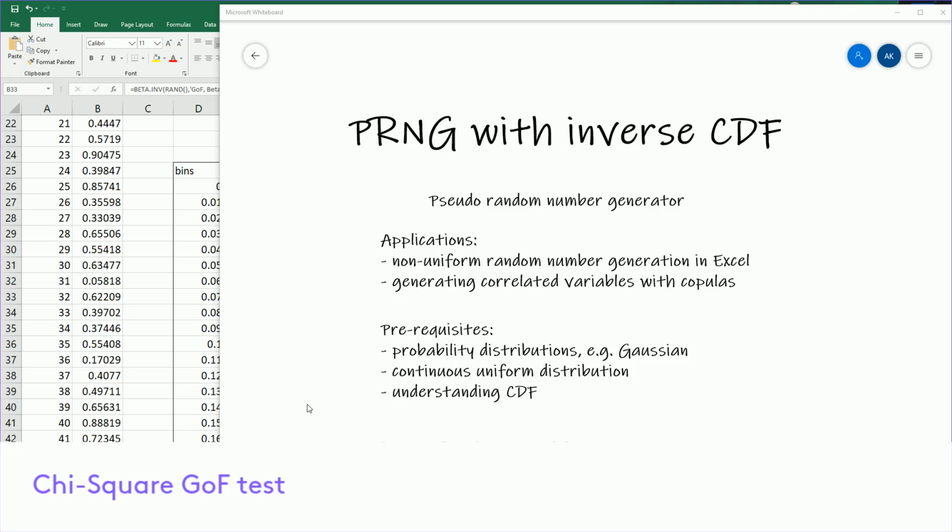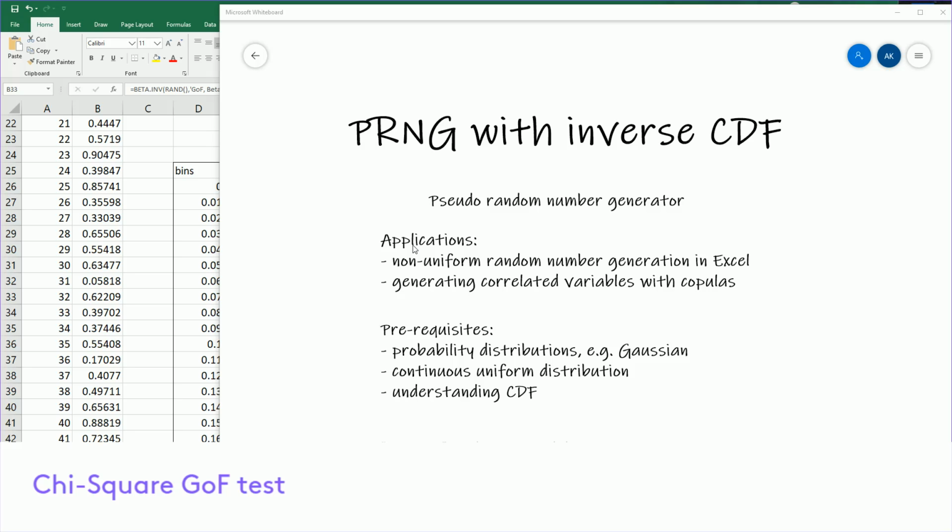And we say pseudo because we want to emphasize that these are generated inside the computer and they're not truly random. This method is based on having uniform random numbers, and uniform random numbers are usually generated by a computer in a deterministic sequence, but this sequence will look very much like a random number sequence.